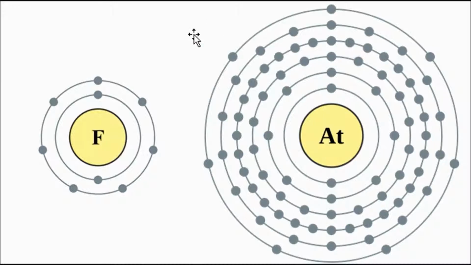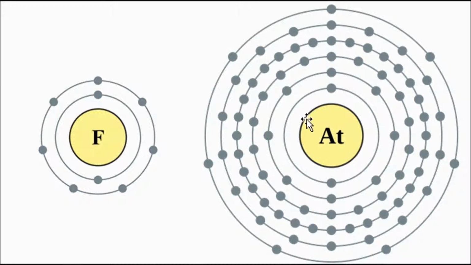There's another effect as well, which is called electron shielding. Astatine has this positive charge trying to pull in another electron in the outer shell, but it has all these other electrons whirling around between the positive charge and that final shell. What these other electrons do is they interfere with the positive charge. They diminish the positive charge because there are all these negatives whirling around in between.